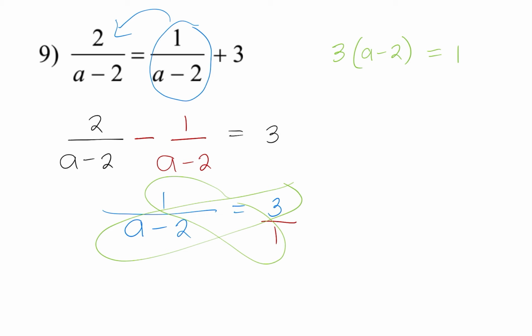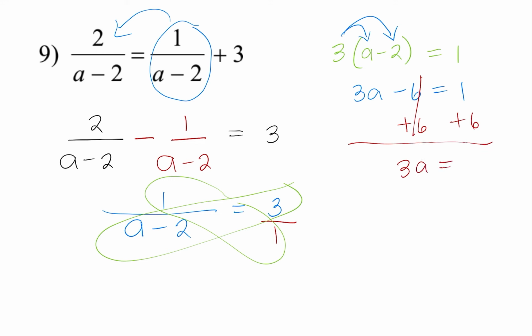And we distribute 3. It'll be 3a minus 6 equals 1. We'll isolate a. We're going to add 6 to both sides, which would be 3a equals 7. Divide both sides by 3, which leaves us with the answer 7 over 3.